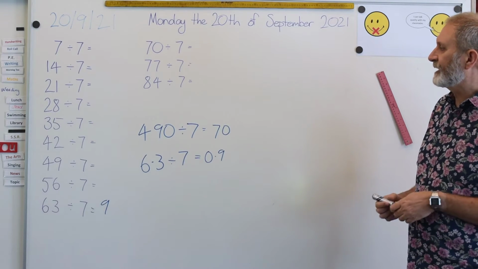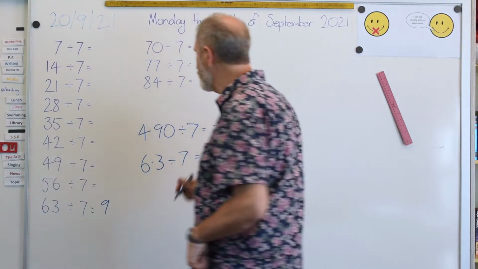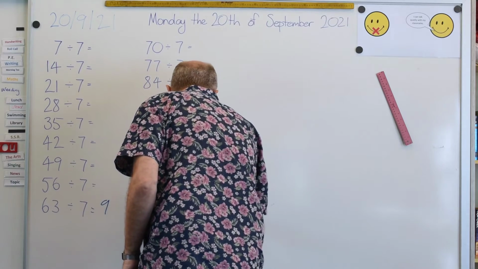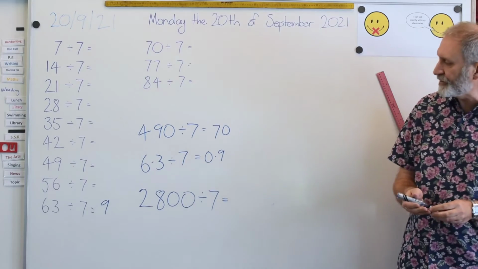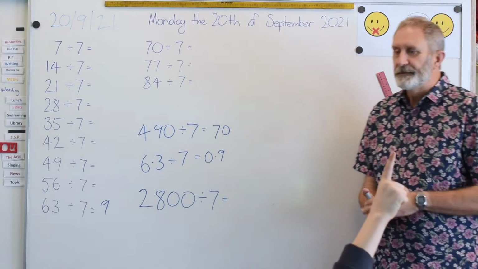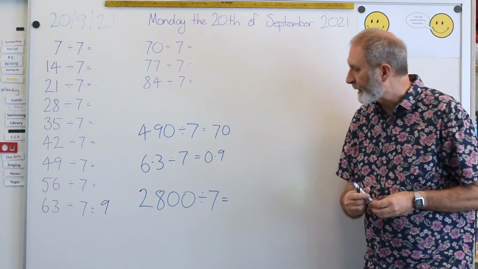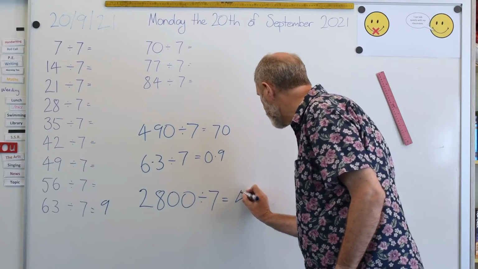What if the number was absolutely stupidly ginormous? Say it was 2,800 divided by 7, a huge number. What do you reckon? 400 is his answer. I like to look at it.